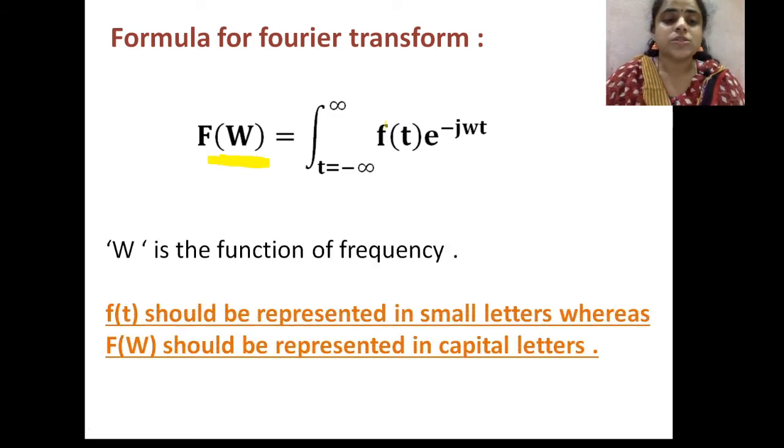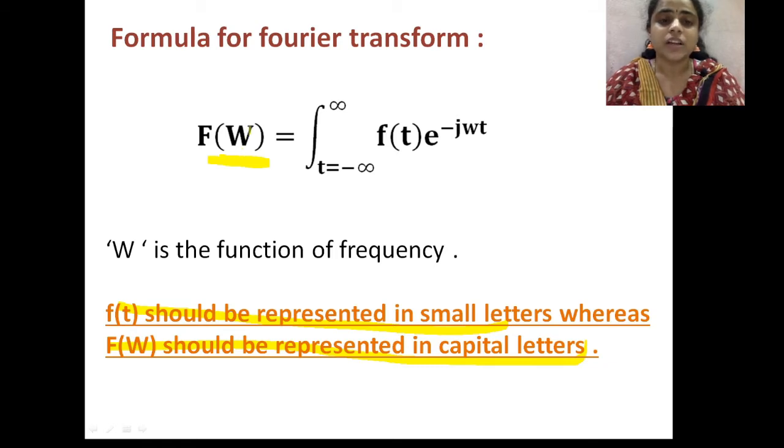Next, f of t should be represented in small letters, whereas F of omega should be represented in capital letters. This we know, because all time domain things are represented in small letters and frequency domain things are represented in capital letters, just to differentiate. If I represent small f of omega here, it will be treated as a time domain function only.